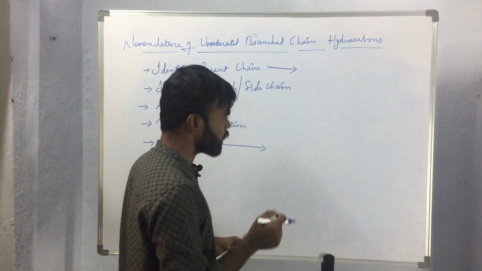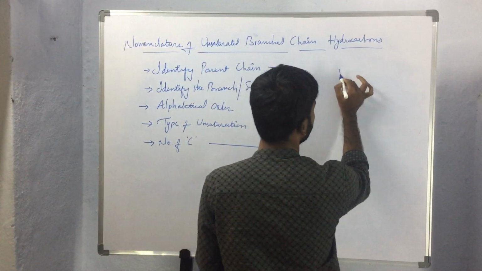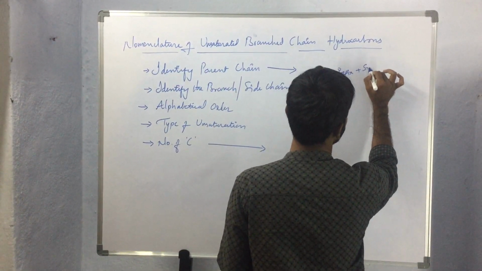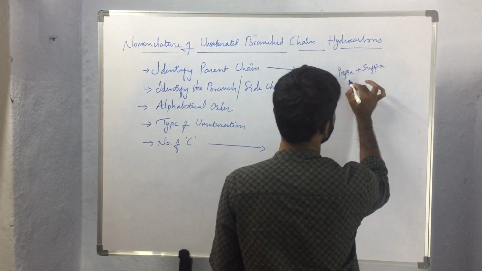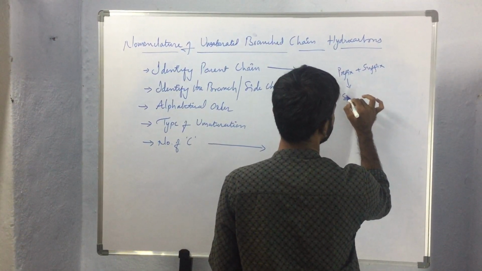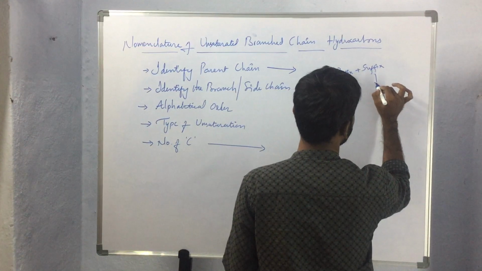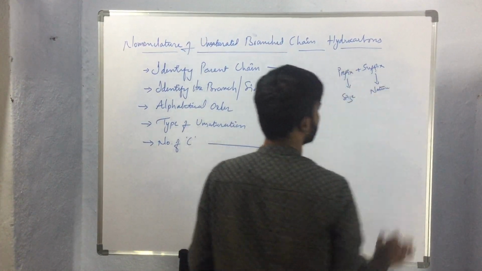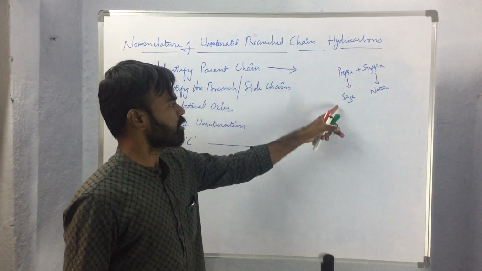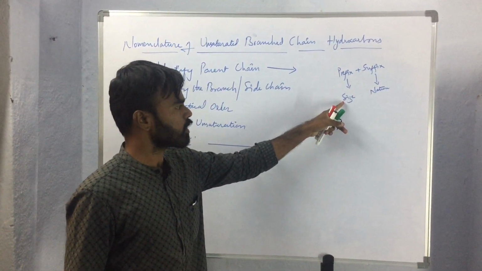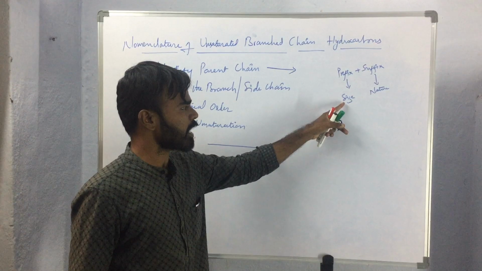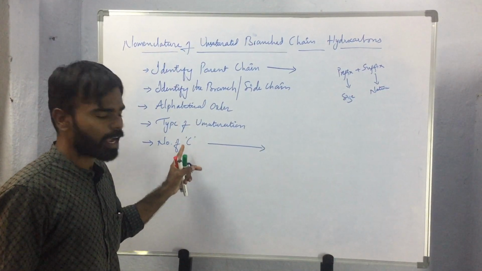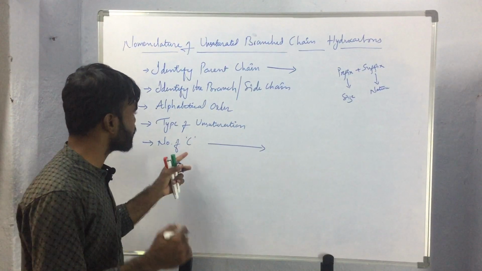We know very well that while naming the compound we have to add a prefix and suffix. The prefix gives the size of the compound, whereas the suffix states the nature of the compound. So the prefix depends upon the number of carbon atoms present in the compound, and we are counting those here.